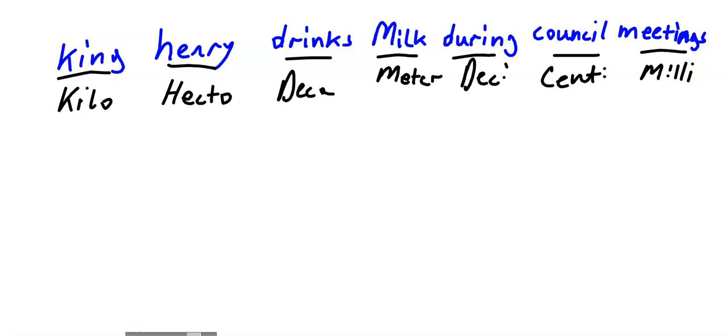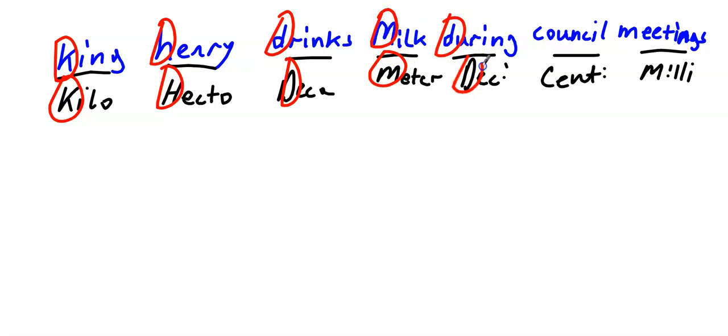So how are these helpful? Well, if you look at the first initial, K, H, D, M, D, C, and M are going to help you solve the metric steps.